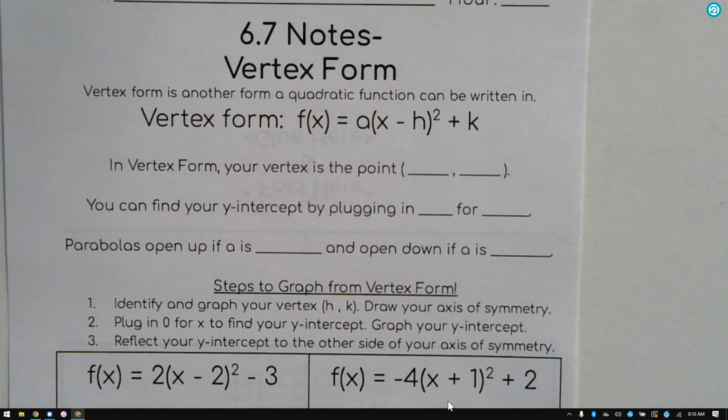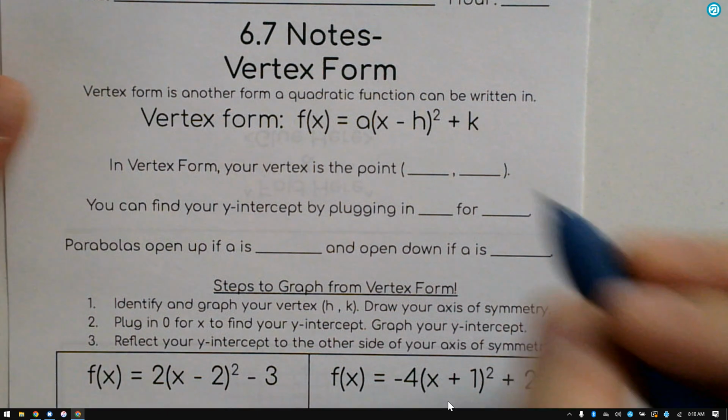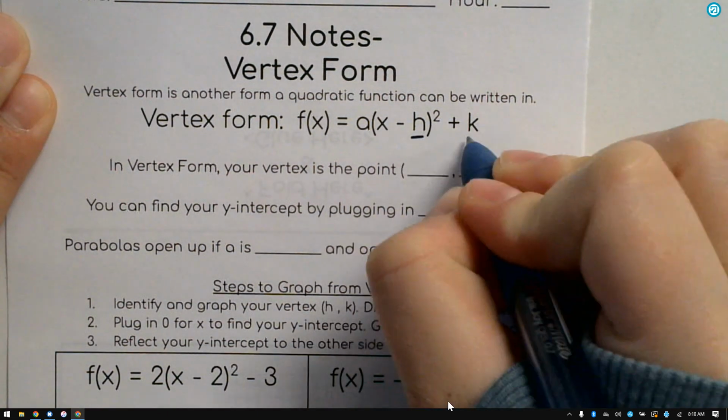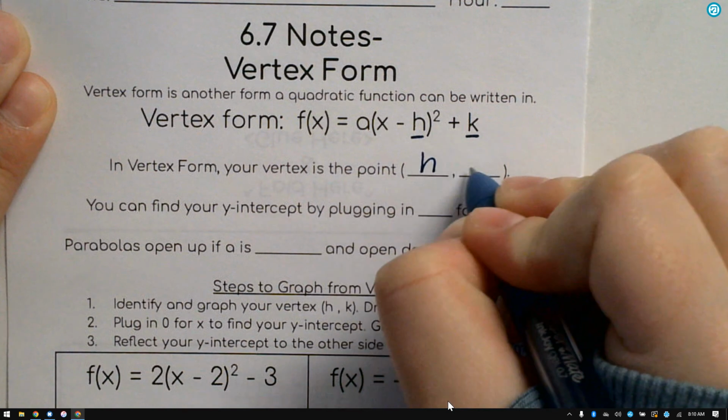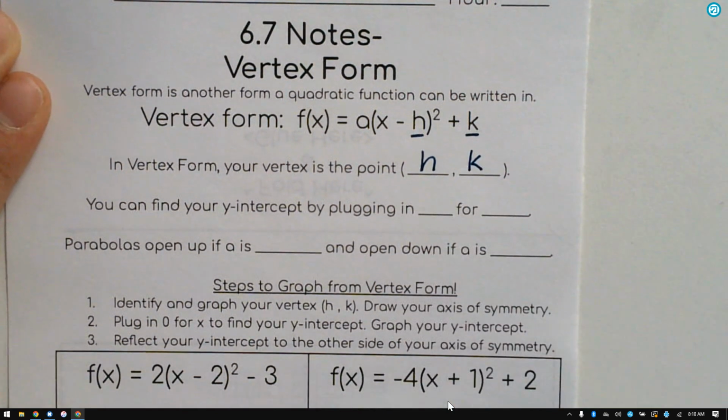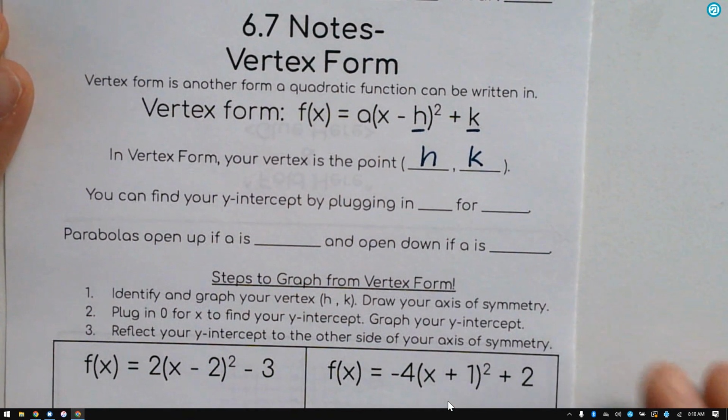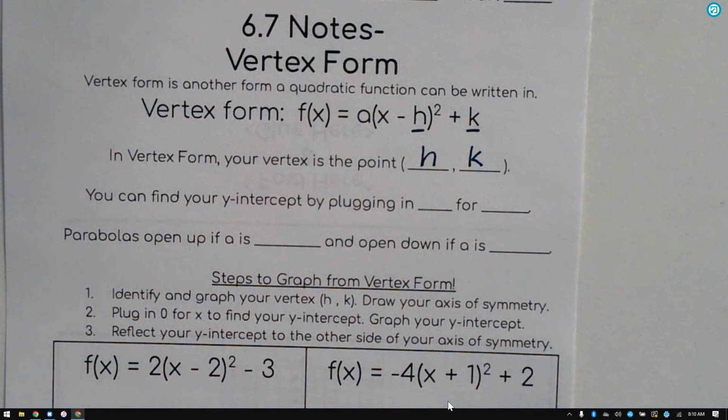In vertex form, and the reason why it's called vertex form, you are able to pull out your vertex right away. Your vertex is the point (h, k). So h is the x value of your vertex, k is the y value of your vertex.